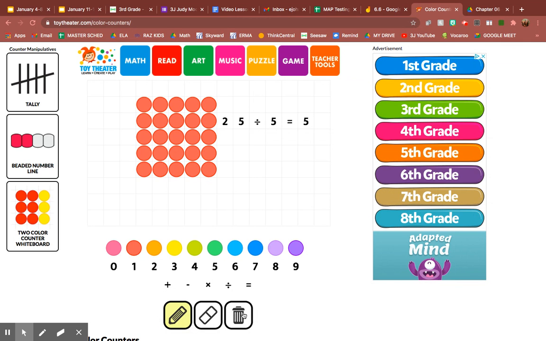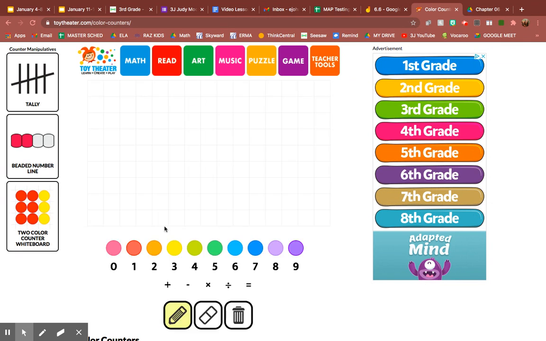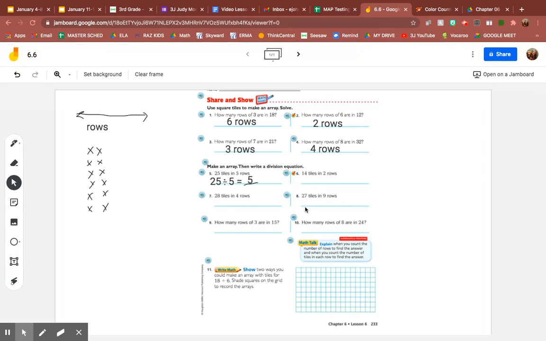All right, let's go ahead and do the next problem. It says 14 tiles in 2 rows. Well, I have 14 tiles divided into 2 rows, so I have to figure out how many are going to be in each row. Okay, so 14 tiles divided up into 2 rows. So that problem, that division problem, is going to be what?